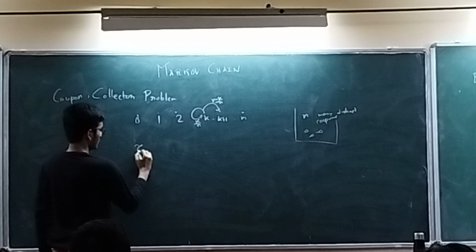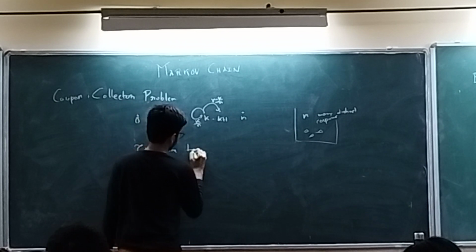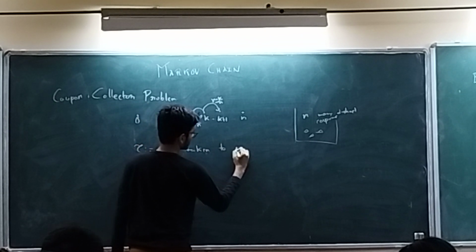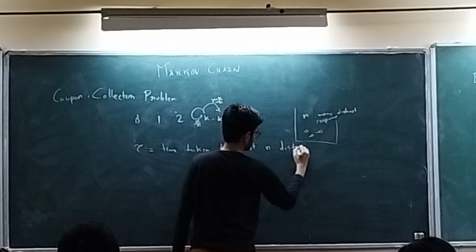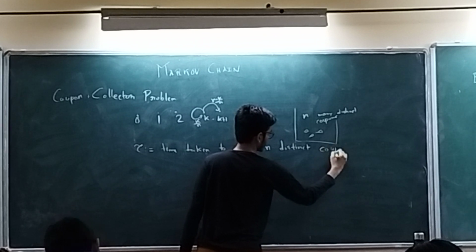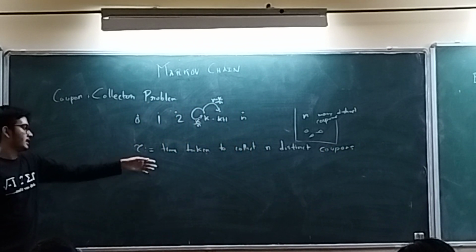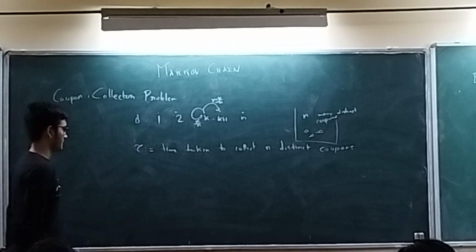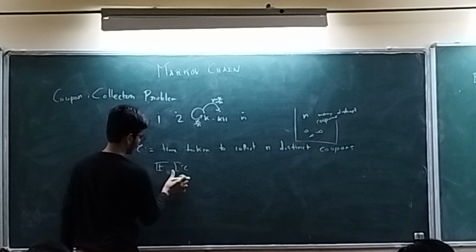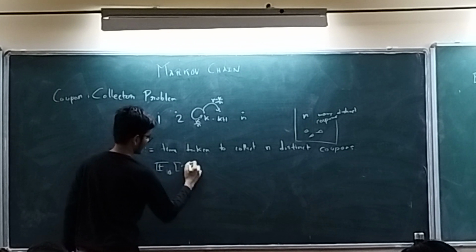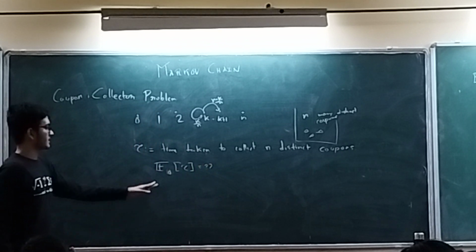As I told, I want to find out this time to reach n distinct coupons. And again, this is a random time. I am just taking the expectation of this. It starts at 0.